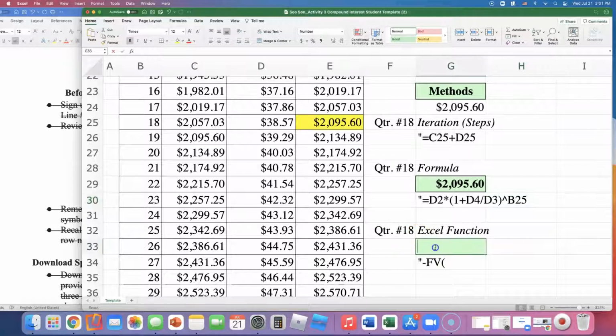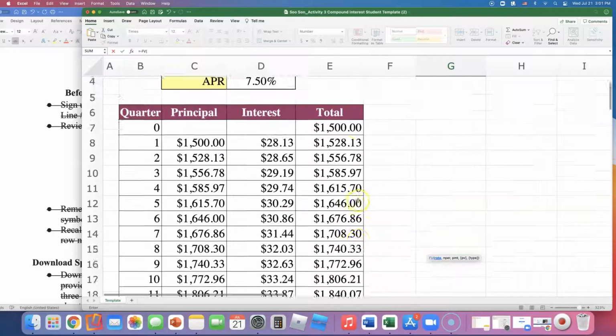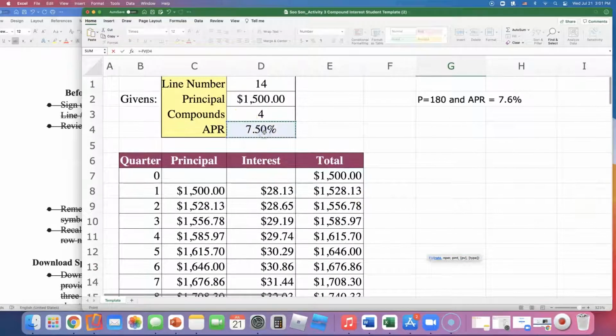We can use Excel's future value function, but put a negative sign in front of it so that our answer comes out positive. The rate is going to be D4 divided by D3, APR divided by the frequency period, right?